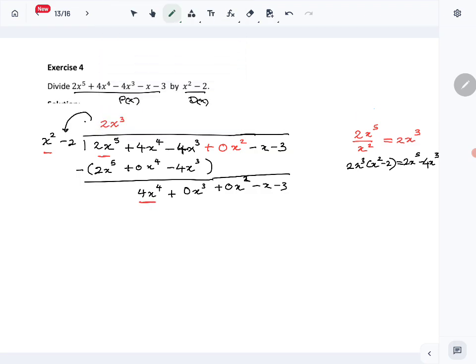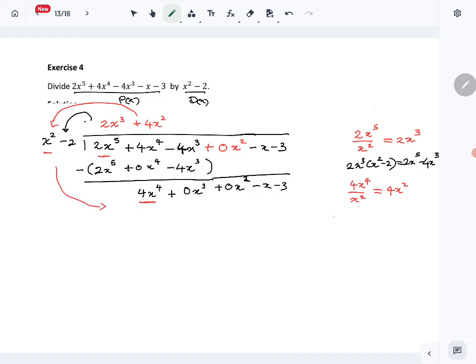Then that is the leading term. So 4x to the 4 divided by x squared is what? 4x squared. So we put that here and then do the multiplication and put it under there.